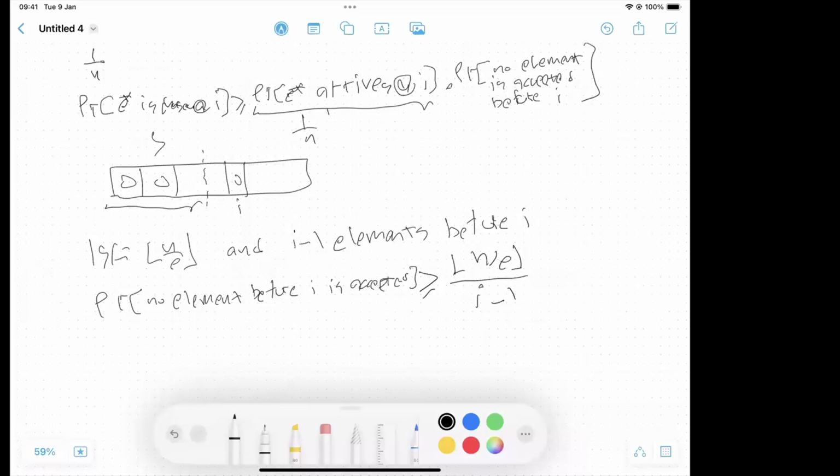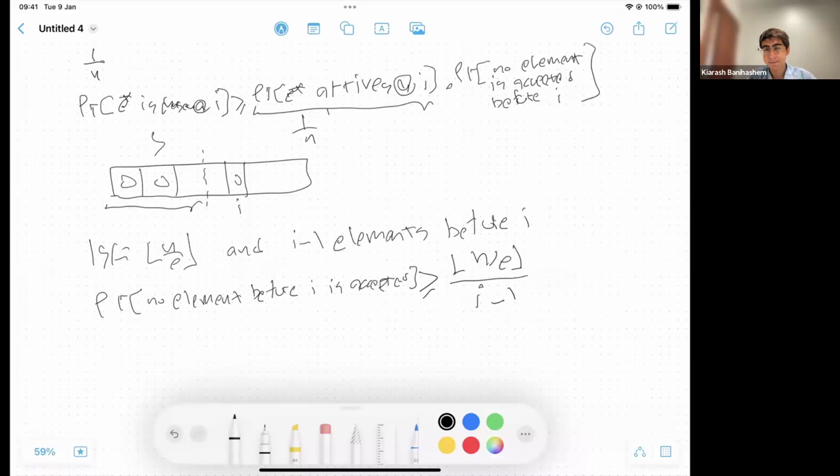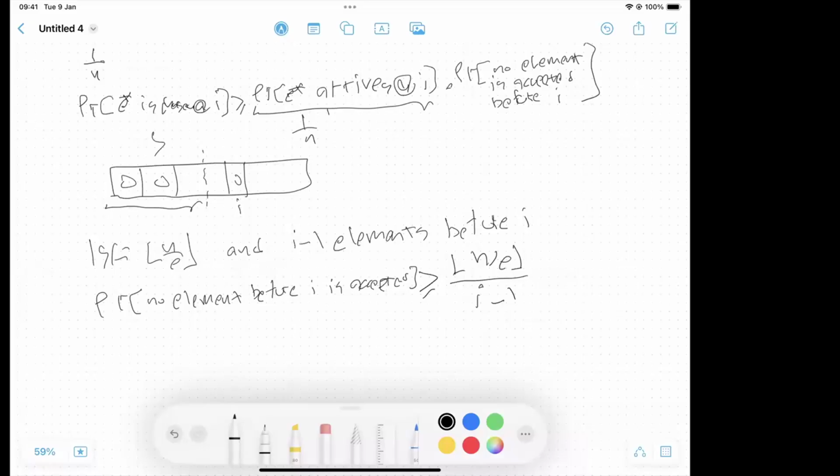If the maximum appears in the first n over E elements, these are the things that we burn; we don't choose anyone. We put the standard high, and then after that we don't select anyone until we reach I.